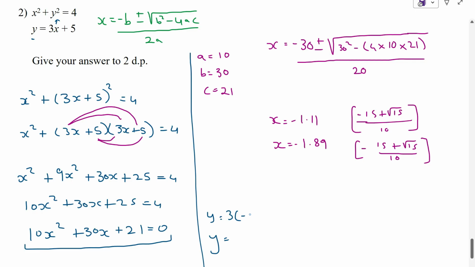So 3 multiplied by minus 1.11, so the full number, plus 5. Same for the second value. So in the calculator, I'm going to use these corresponding values, the fraction equivalents, okay, as they are the full numbers.